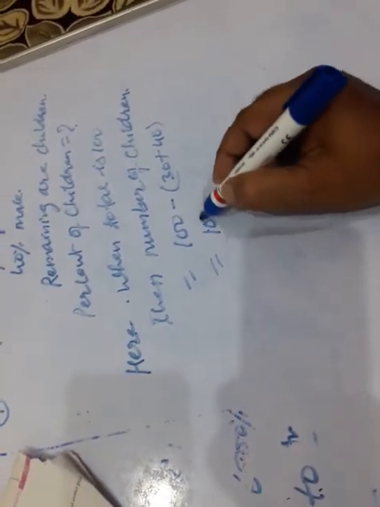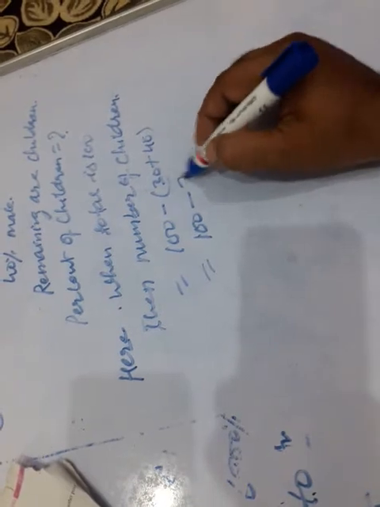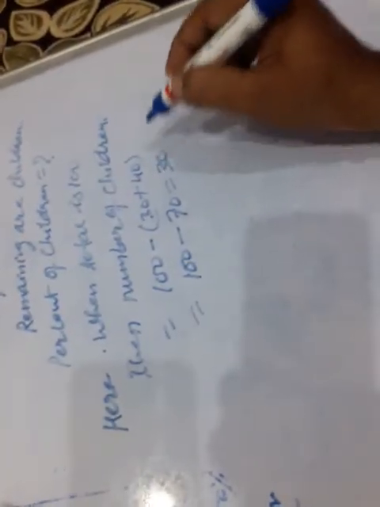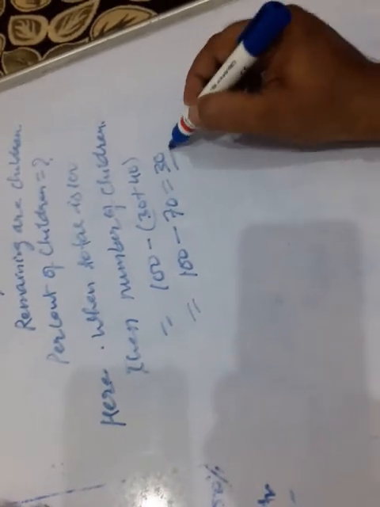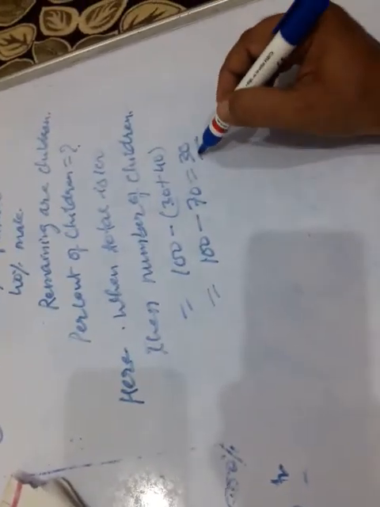What is this? 100 minus 70. Clear children? 100 minus 70 is equal to 30. So when the total is 100, the number of children is 30.